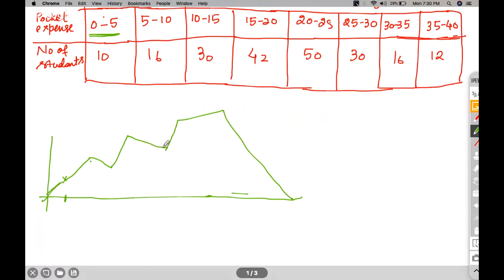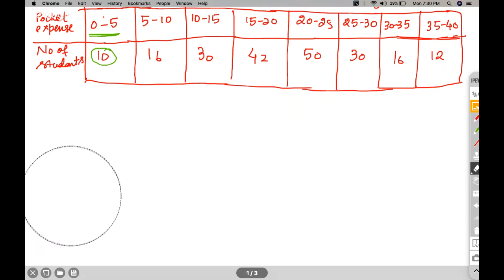So in a frequency polygon, any particular number, like this number 10, is plotted against one singular point on the x-axis; it would not be plotted against a class interval. Like in a histogram, where any number was plotted against a class interval. This will not be the case here in a frequency polygon. So what will I do in this particular case?